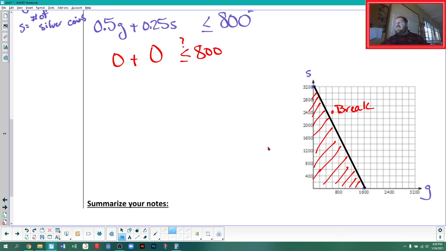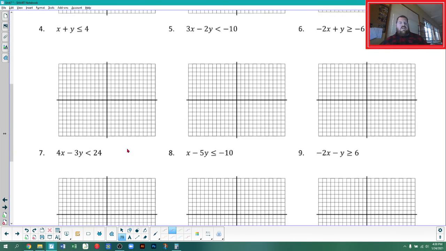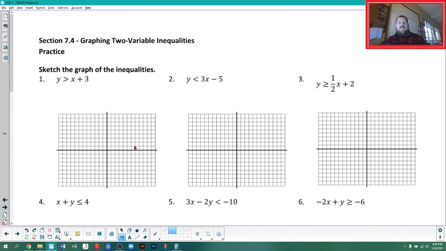Okay, so that being said, make sure that you get the mastery challenge done. As far as practice problems, I guess we can take a look at those. I think you're good for, there's 9 of them there. Let's go with evens. I think that would be a good set.